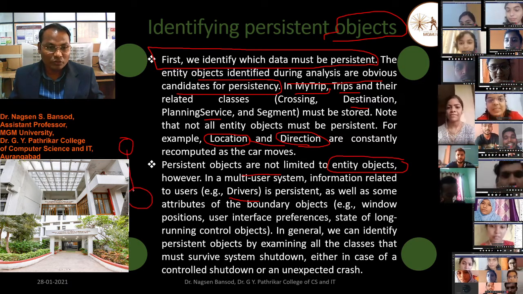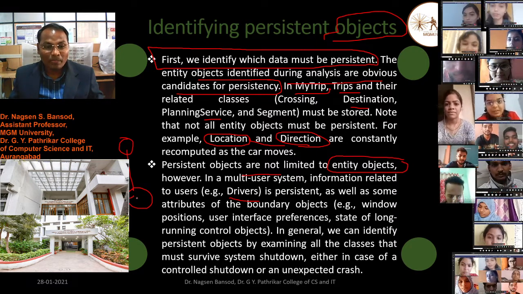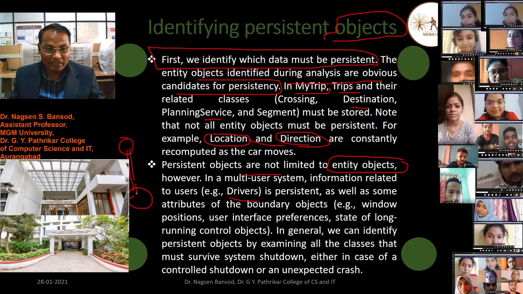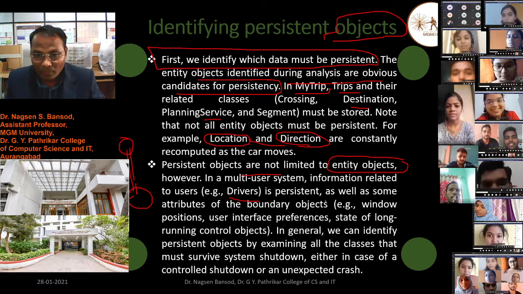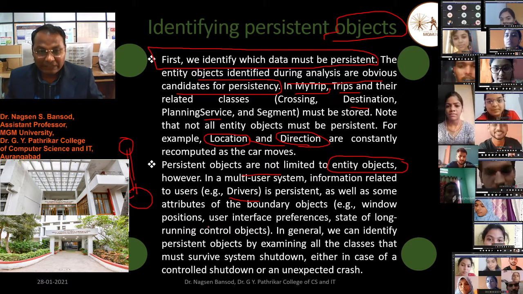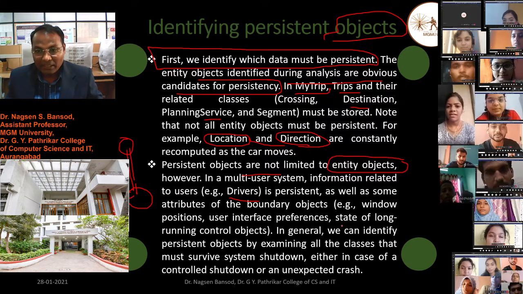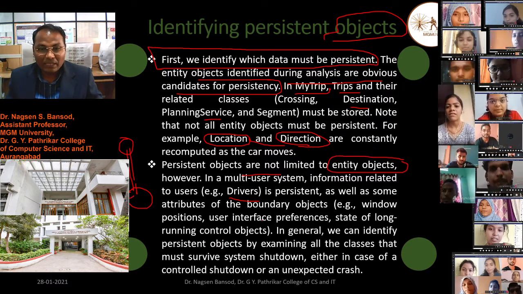Suppose this is the joint, like a message connection object. This is the boundary object, the connection between this and this. The message object will be the boundary object. For example, window position, user interface preferences, state of long-running control objects. These are the boundary objects.